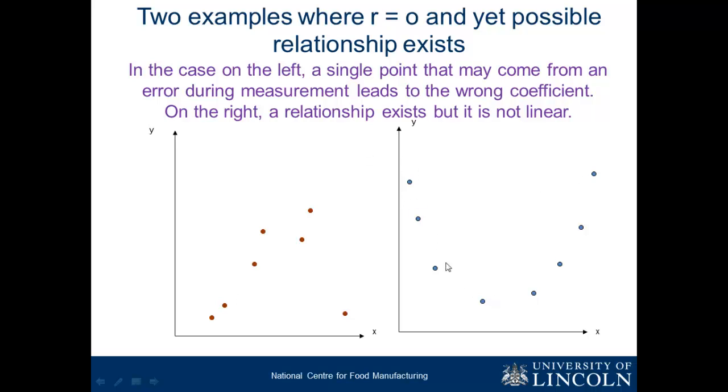So here, this is not going to give us a correlation that is very close to 1, but there's a relationship. You could see there's a relationship between the two, but the relationship is not linear. So you need to look at what is happening in a real life situation. When you plot the graph, you have that understanding of the distribution of your data.